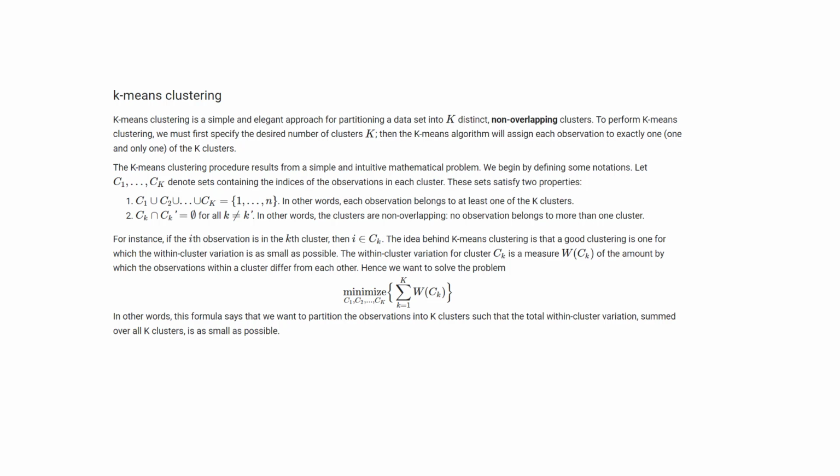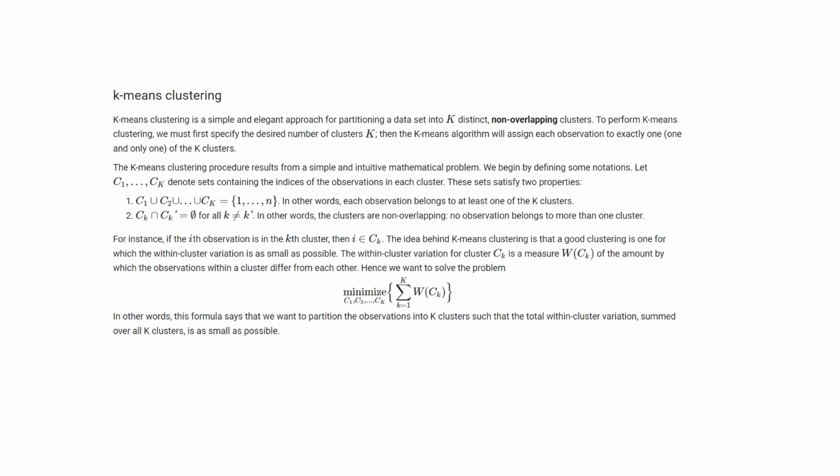The idea behind this approach is that a good clustering is one for which the within-cluster variance is as small as possible. This within-cluster variation is a measure, W as a function of C_k, of the amount by which the observations within a cluster differ from each other.